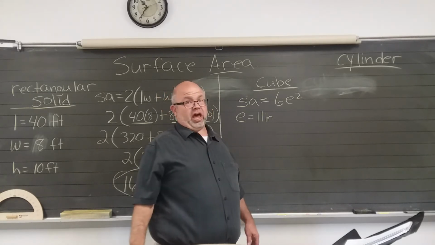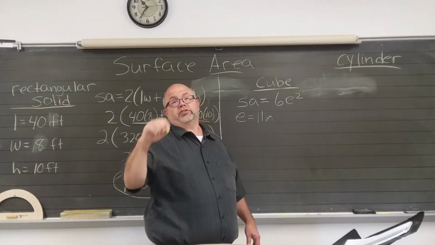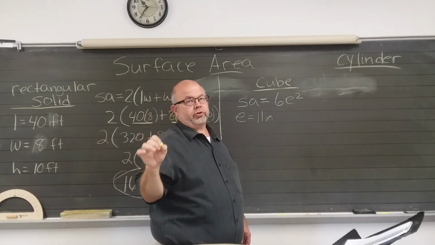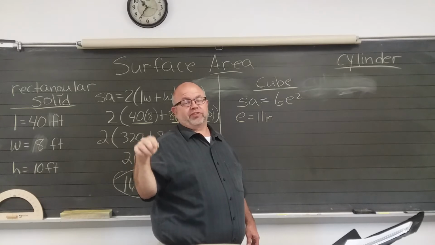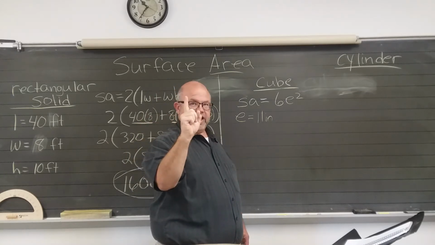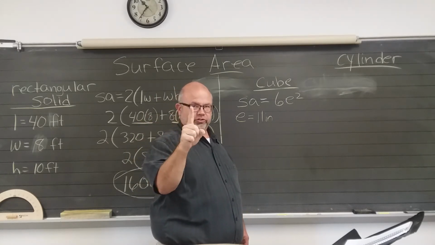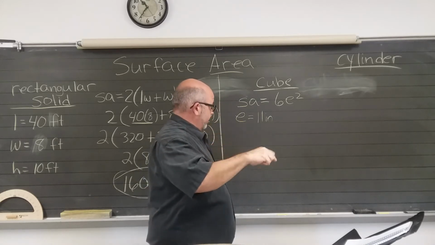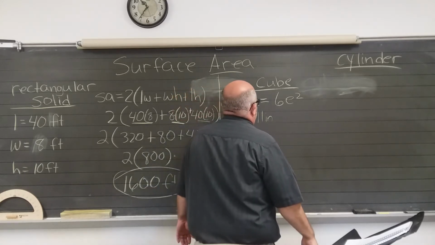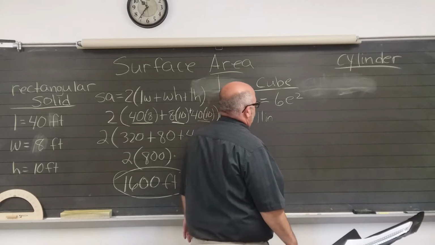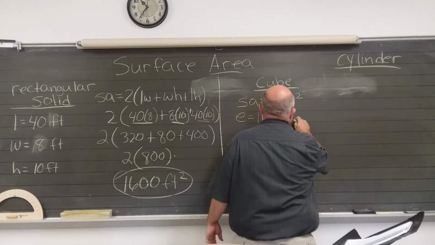There are 6 sides. So to find one of those, you go edge times edge. That finds the area of one side. Times 6 would be your answer.